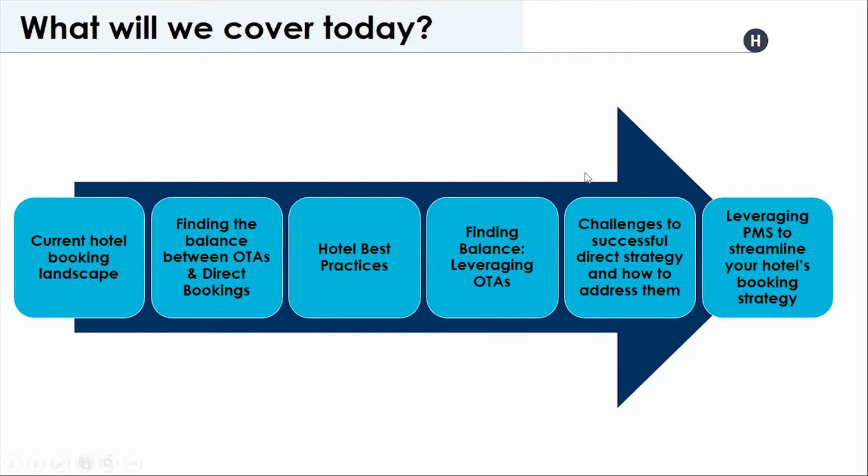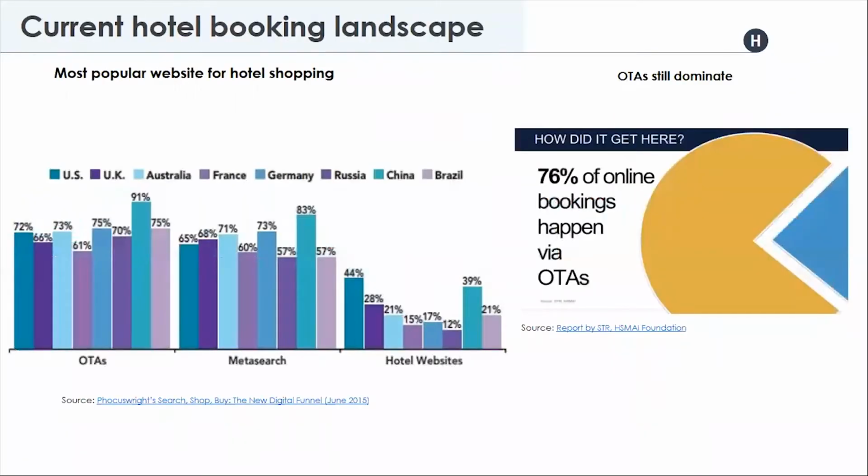Moving on, we're going to talk about the challenges hotels face in successfully managing a direct strategy. And finally, we would be covering a small section on how the PMS, as in your property management system, gives you the tools to manage and streamline your different booking sources and bookings from different booking channels.